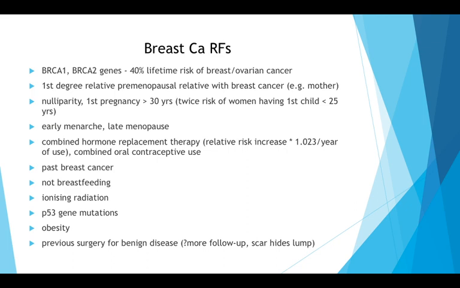Early menarche and late menopause, it's due to the prolonged action of estrogen on the breast tissue, which is very important in development of breast cancer. HRT therapy and combined oral contraceptive use has been linked to breast cancer. Past history of it, not breastfeeding, exposure to radiation, gene mutations like tumor suppressor genes, etc., obesity, and also previous surgery in the area can cause damage to breast tissue, etc.